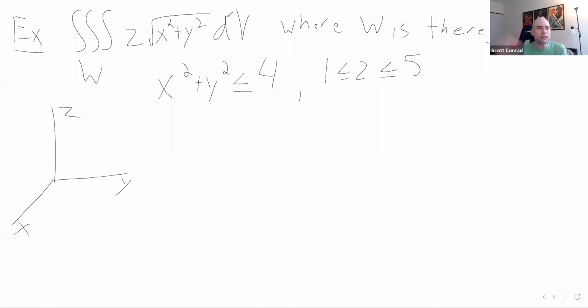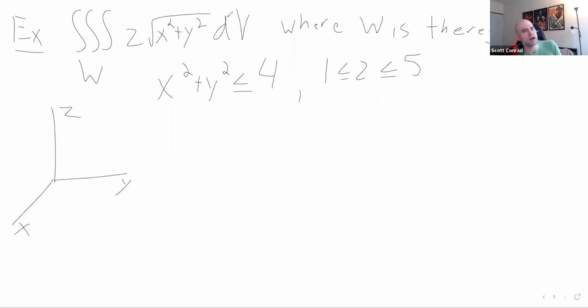So let's do a quick, really rough sketch. You don't have to sketch exactly what this looks like. So we have x squared plus y squared less than or equal to 4. What is x squared plus y squared equals 4?